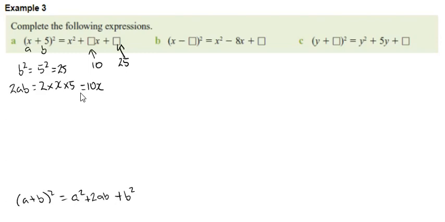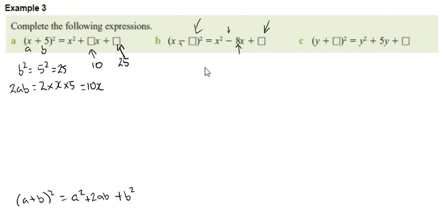Alright, look at b. b is a little bit harder because we're missing our b term here and we're missing our b term here, so we can't find this one until we find that one. Now, to find this one, we are going to use our middle term here, which is 8x. I'm going to ignore the negative because the negative is here and the negative is here, so they correspond with each other.